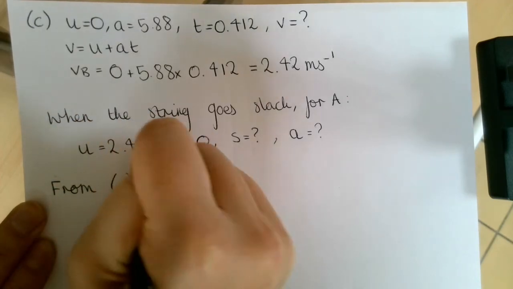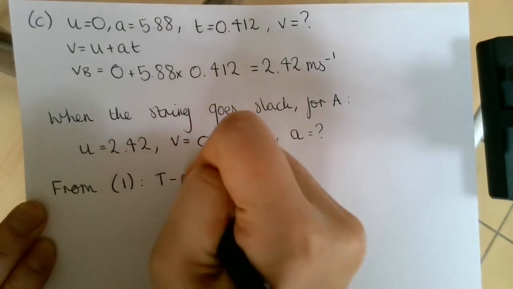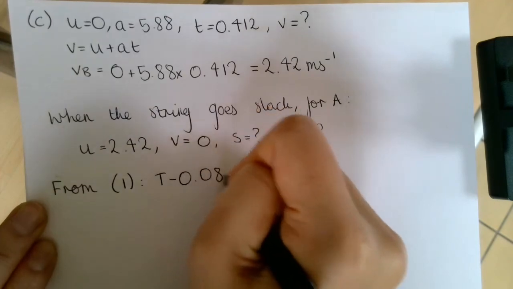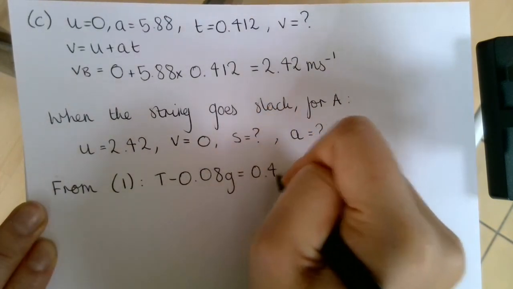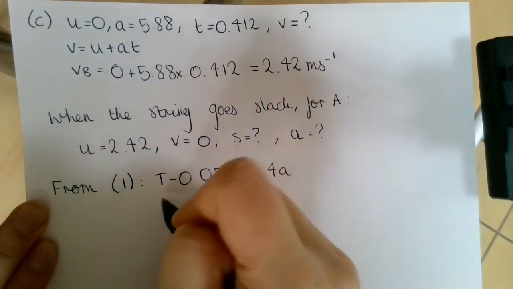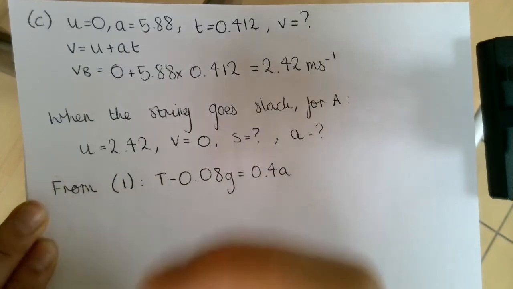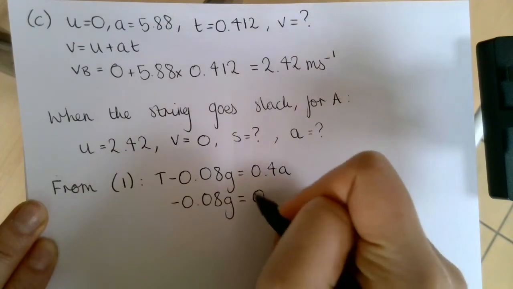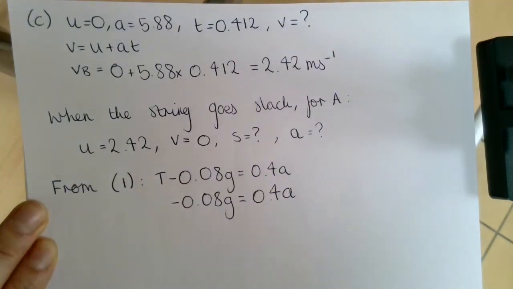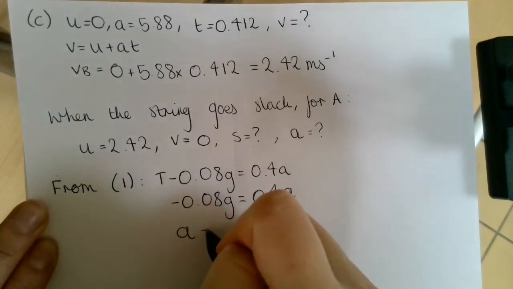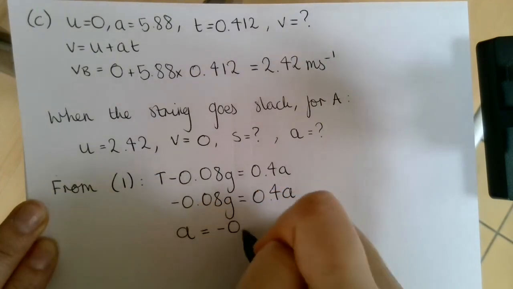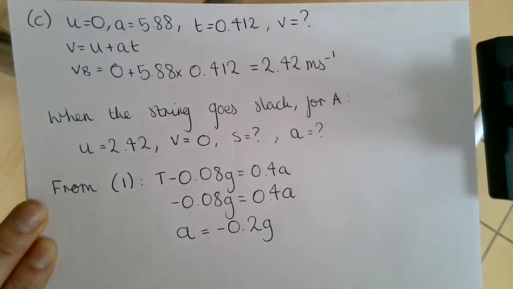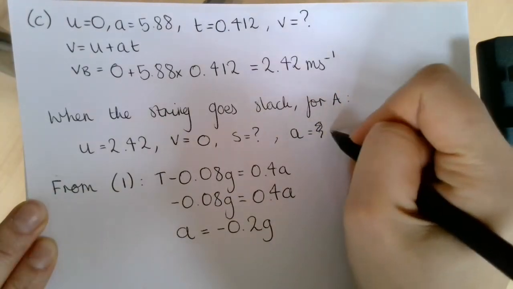And tension is equal to 0 when the string is slack. So we've got negative 0.08G is equal to 0.4A, and so A is equal to negative 0.2G. So I can write that here now. We've got negative 0.2G.